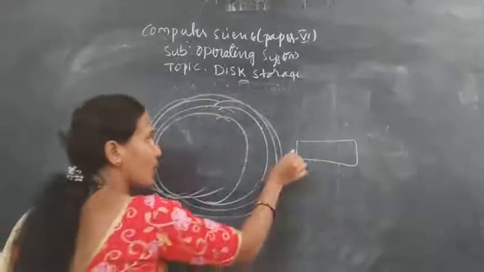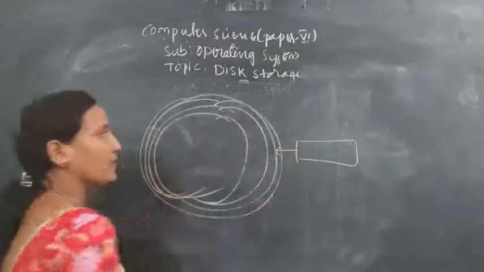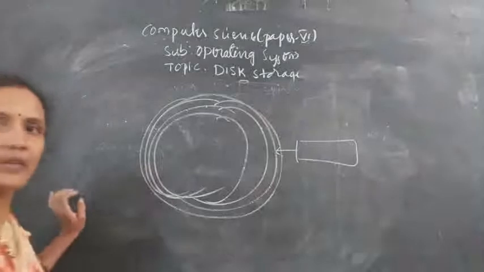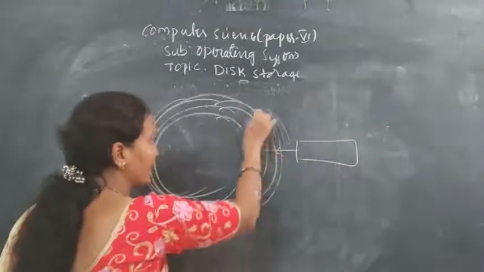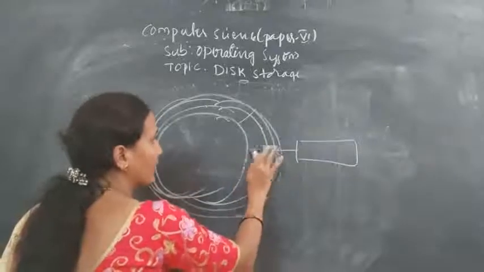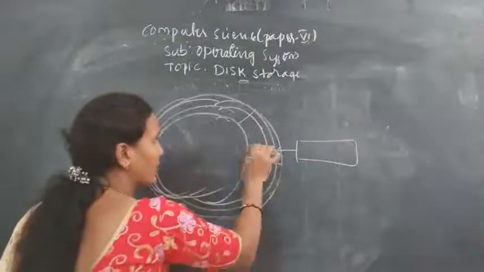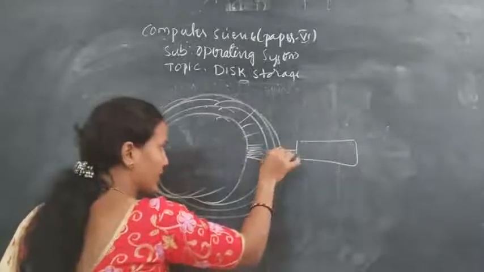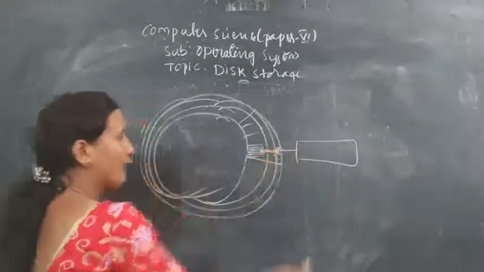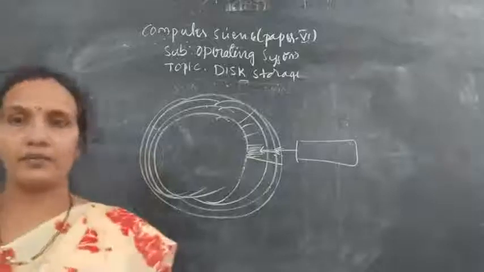First it should locate the track. After locating the track, wherever the content is, in the sectors, it should locate the sector and read the content from the sector.